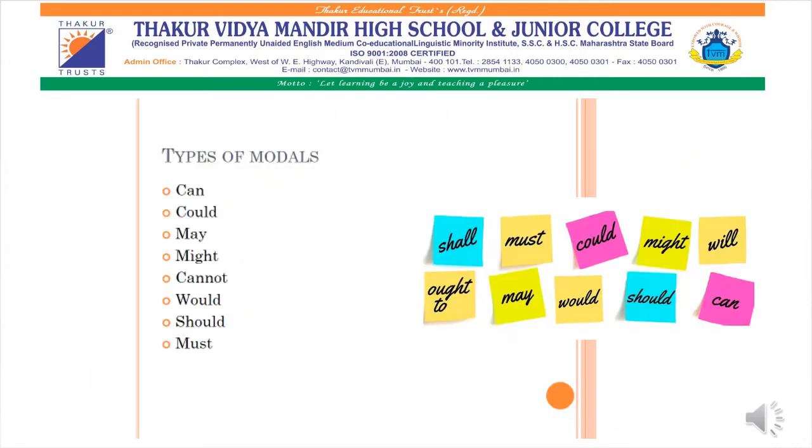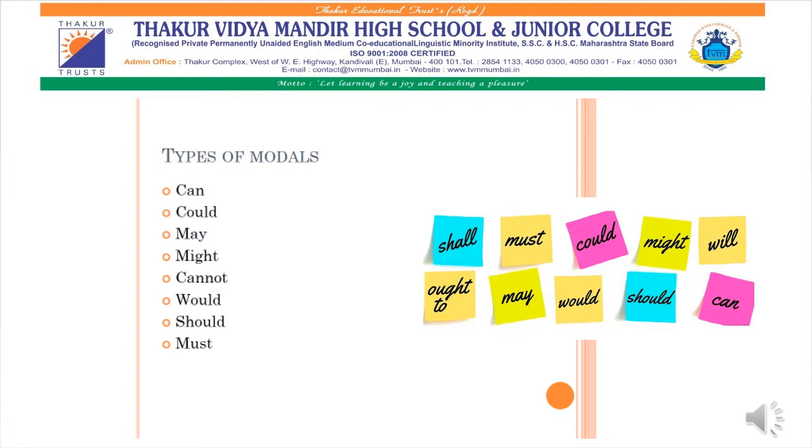So here we are with types of modal auxiliary words. Words like can, could, may, might, cannot, would, should, must. These words are helping verbs, which are known as modal auxiliary words, which are used to make complete sense in a particular sentence.